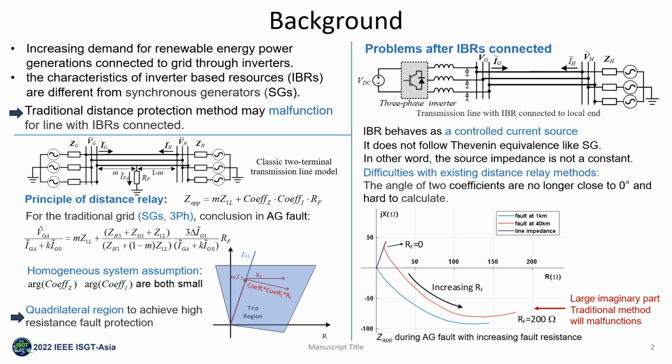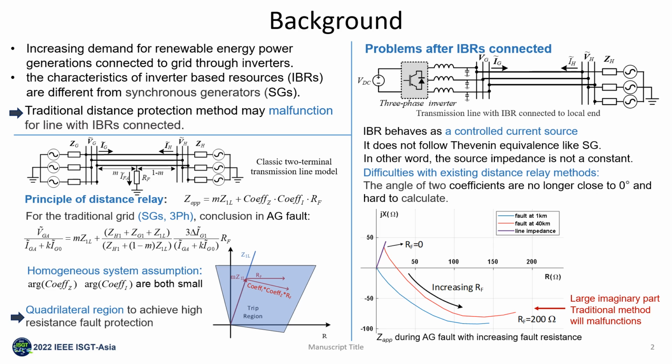However, IBRs do not have the moment of inertia, and their output is determined by the controller directly. IBR behaves as a controlled current source. That means it does not follow Thevenin equivalence. For existing distance relay methods, the angles of the two coefficients are no longer zero, and it is hard to estimate them before the fault occurs.